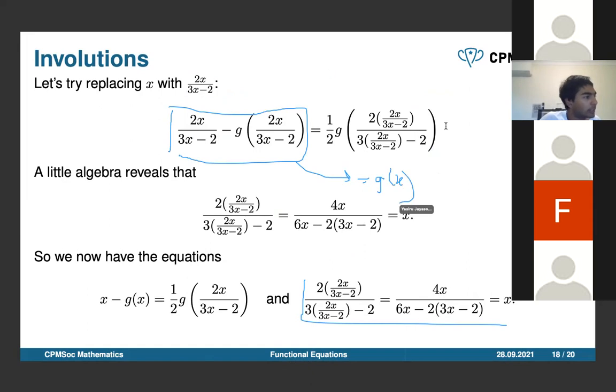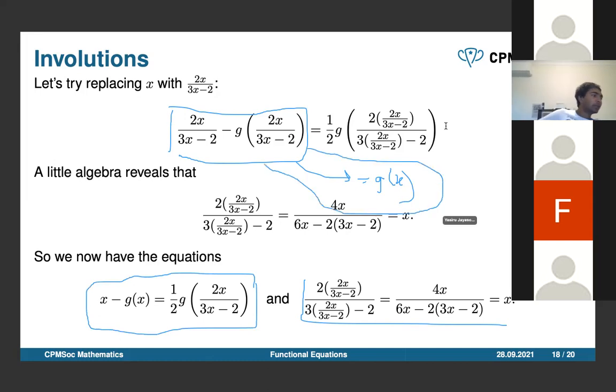So two equations. The first equation was just the original functional equation. Now we derive the second equation, which is g of 2x over 3x minus 2 is equal to g of x. Now we have two equations involving g of x and g of 2x over 3x minus 2.